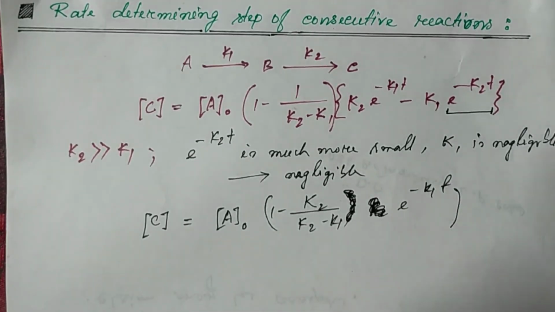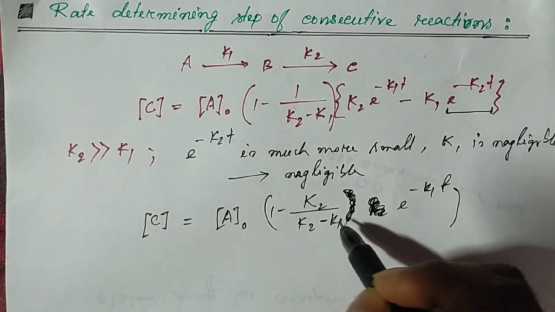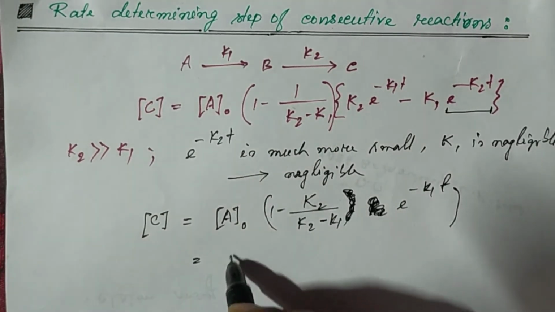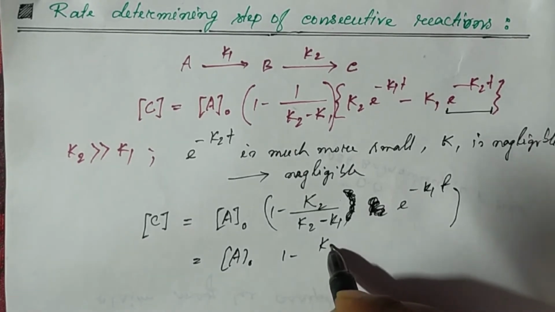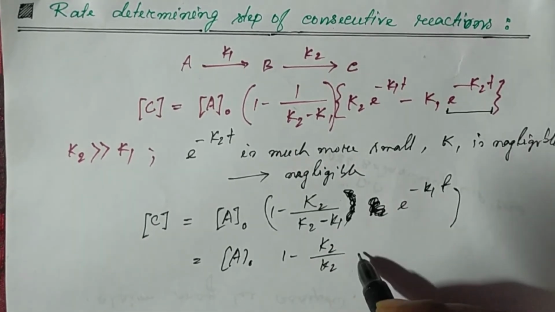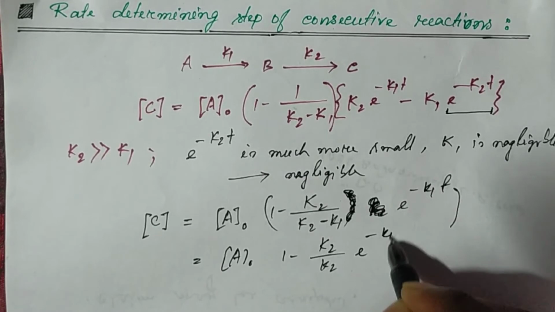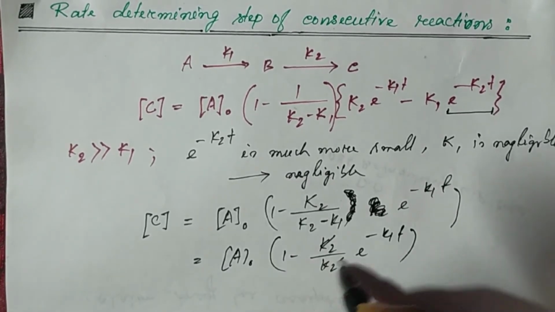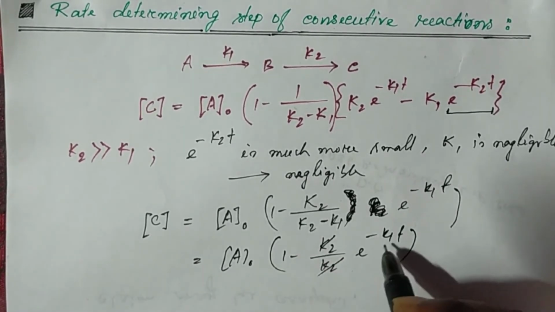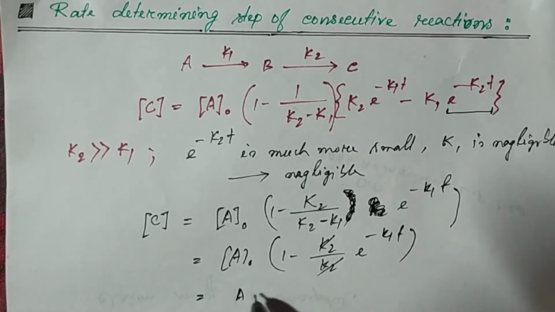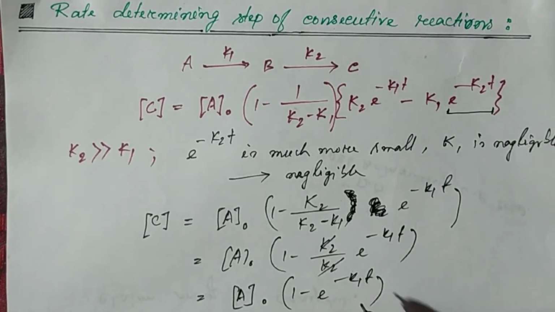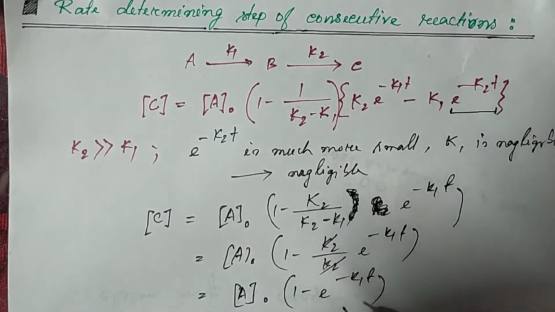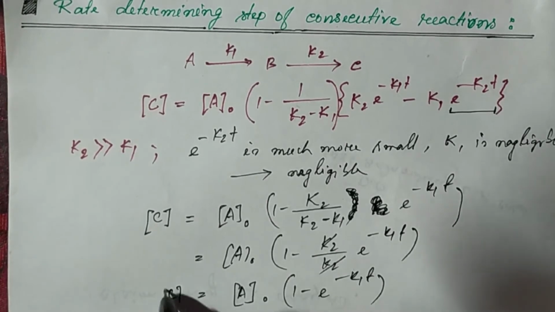K1 is negligible, so I will not write K1 here. 1 minus K2 by K2, and here it is K1t. So K2 will be cancelled out, and only 1 minus e to the power minus K1t will be here. Okay, so this is the approximate value for C.